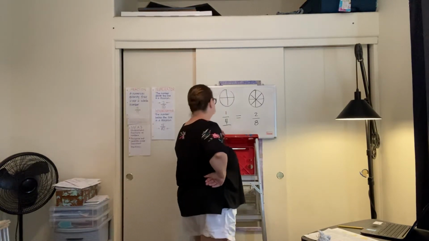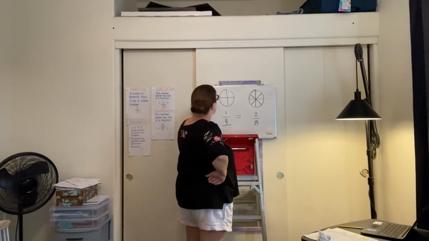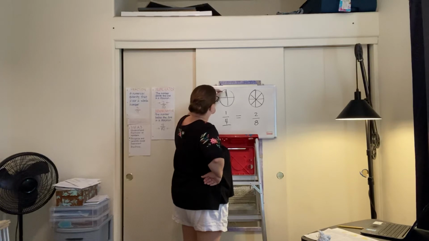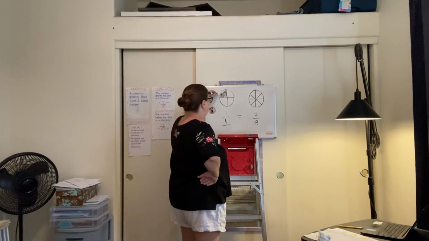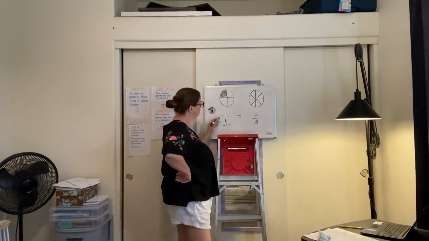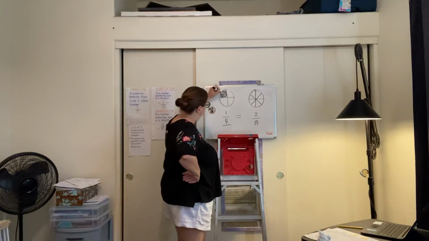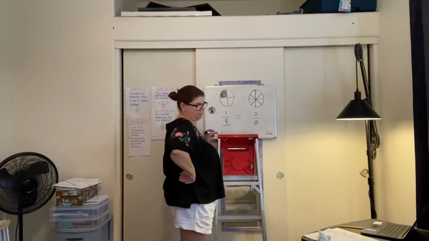Good. How many parts we need to shade? So we're going to take and shade 1 part. That's it. 1 out of the 4 parts. Okay, and that represents 1/4. Okay, so this is showing 1 out of 4 parts.